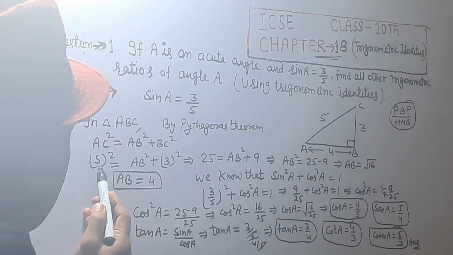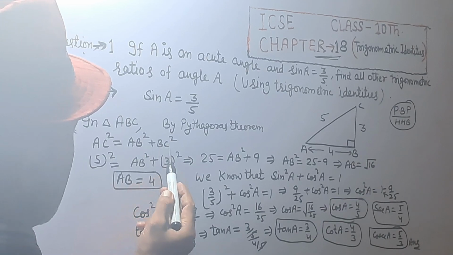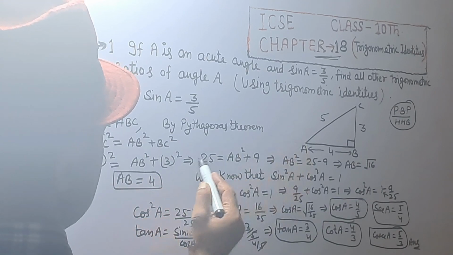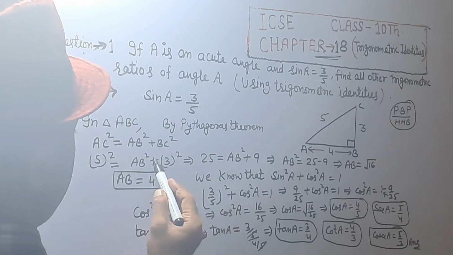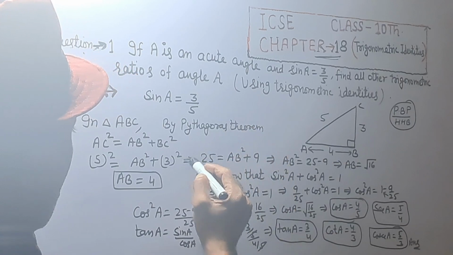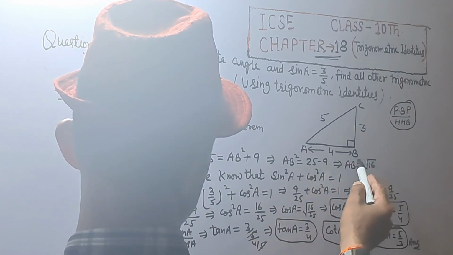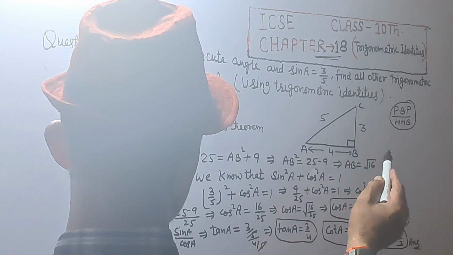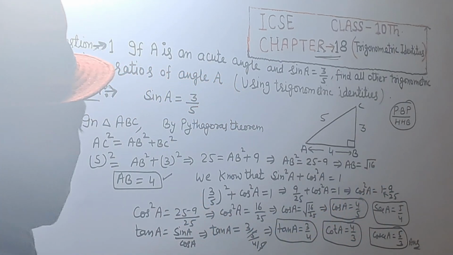AC is 5, and 5 raised to power 2 is equal to AB square plus BC, which is 3 raised to power 2. 5 5s are 25 is equal to AB square plus 3 3s are 9. 25 minus 9 is 16. So AB is equal to root 16 and AB is equal to 4.